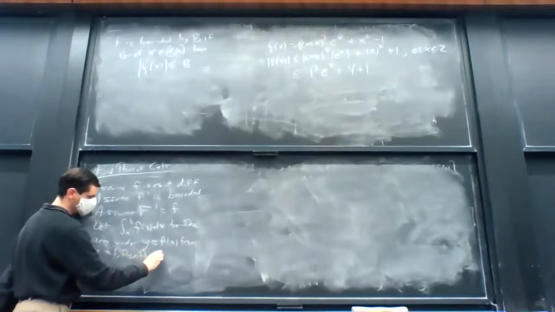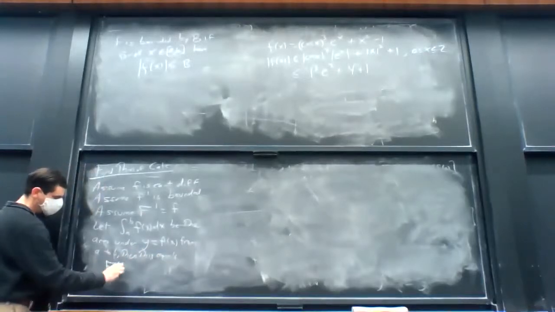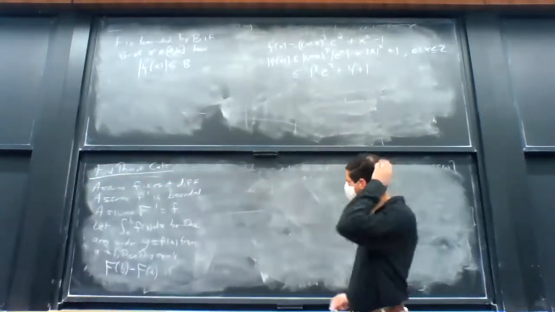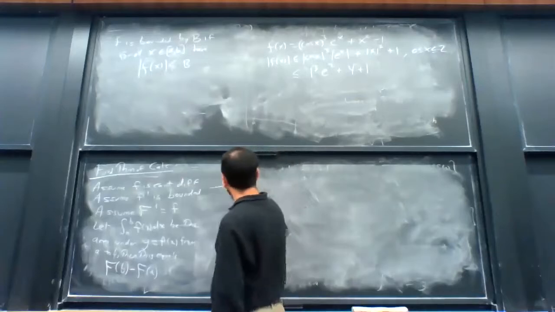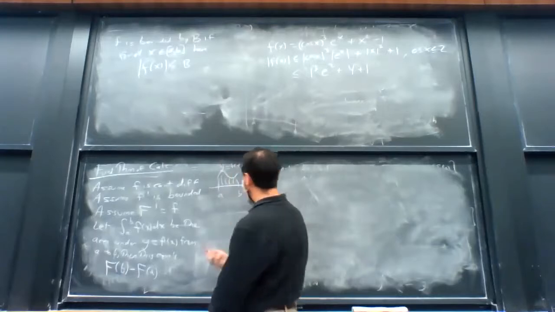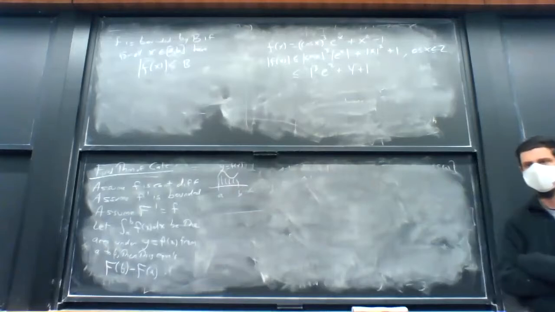Then this equals big F of b minus big F of a. So the area under the curve from a to b is big F of b minus big F of a.